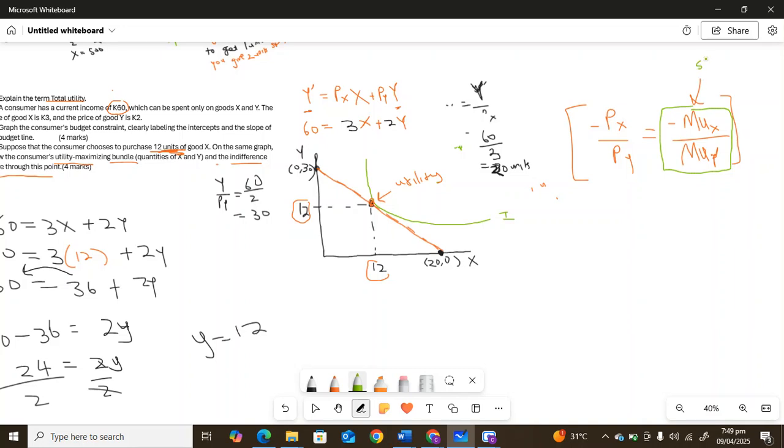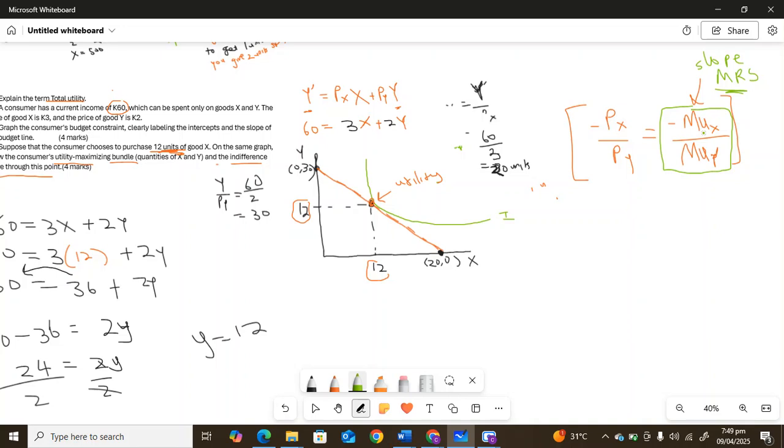So this slope of the indifference curve is also called the marginal rate of substitution. How many units of good X you need to give up in order to get good Y. The way we interpreted the slope for the budget line, for the indifference curve you call that the marginal rate of substitution.